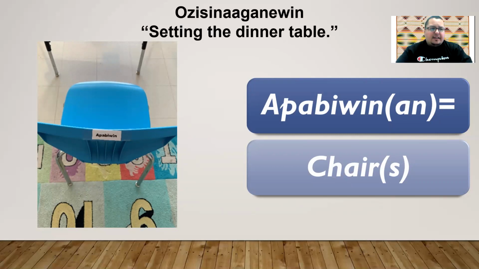These are inanimate objects, so you're going to see "on" throughout this presentation, which means more than one. Apabiwinon, two chairs. You might have four chairs at your dinner table, you might have six, you might have eight. Depending on your table, you can just use Apabiwinon.